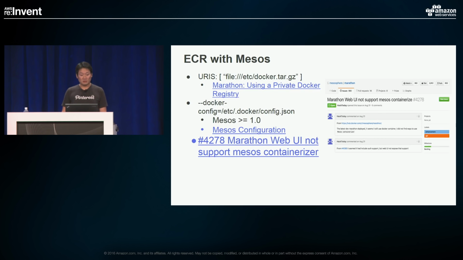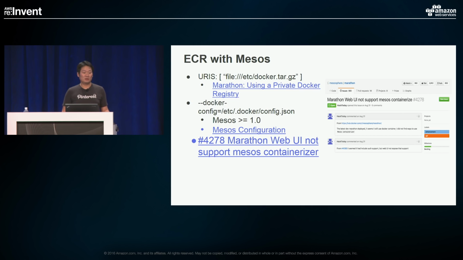Next is a little bit of experience with the Mesos integration. Before Mesos version 1.0, it provided a URIs parameter you can specify in your Marathon task definition. In that parameter, you can point to a tar file which has your Docker configuration credentials in it.